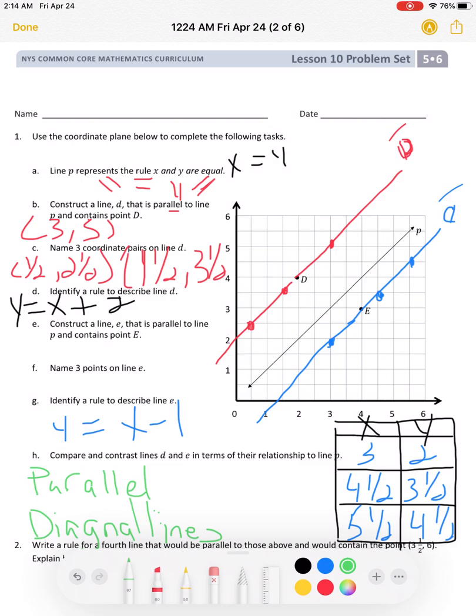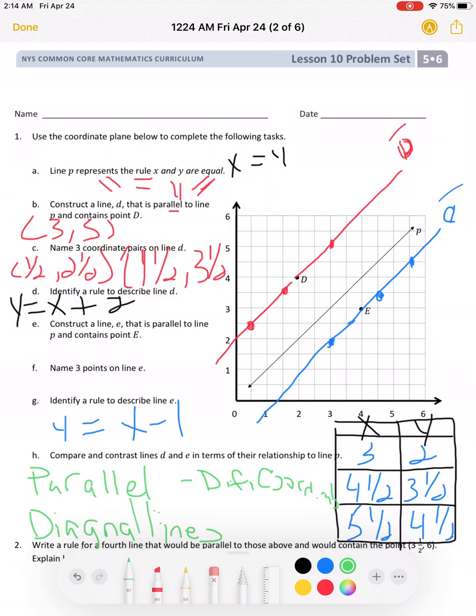What's different between these three lines? Okay, the coordinate pairs. Good. The coordinates, they all have different coordinates. So I'll put different coordinates. Okay, I ran out of room.